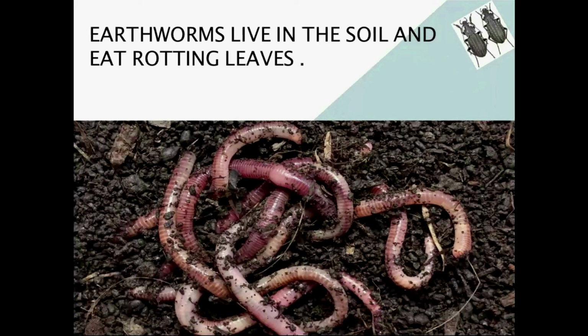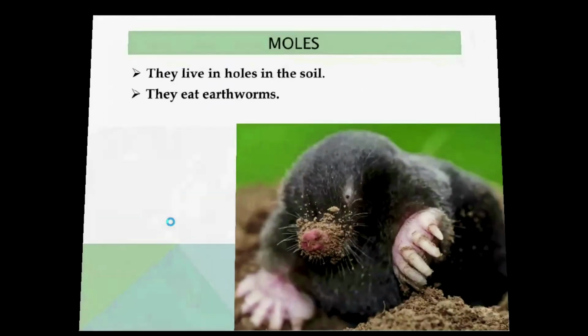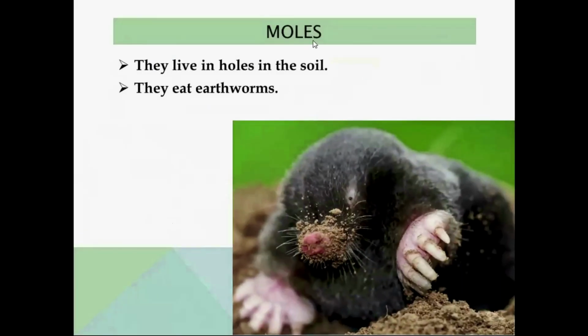There is a type of worms who live in the soil, and those worms are called earthworms. Those earthworms eat rotting leaves, leaves which are no longer alive. Those leaves are eaten up by those earthworms. Then there are moles.